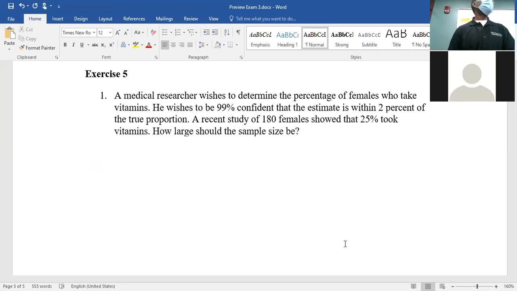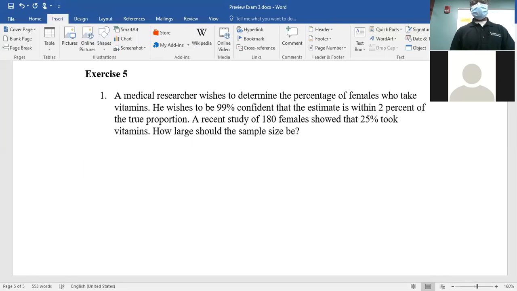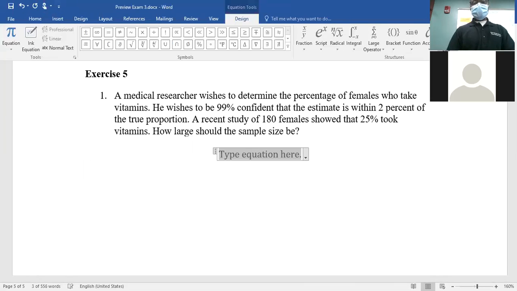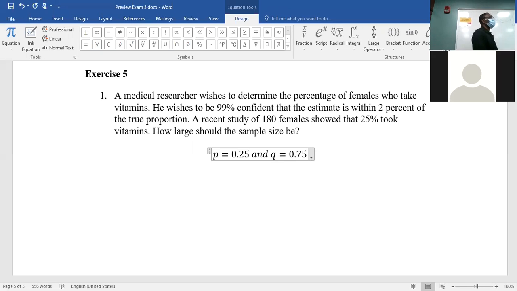Do we get what I mean here? When you are computing the minimum sample size, you want to know if P is given or not. If P is given, you use it. If P is not given, you use half for P. Do we understand what I'm saying here?